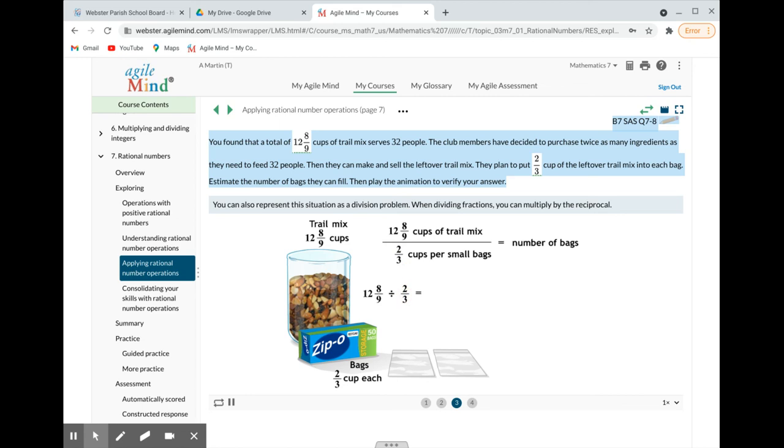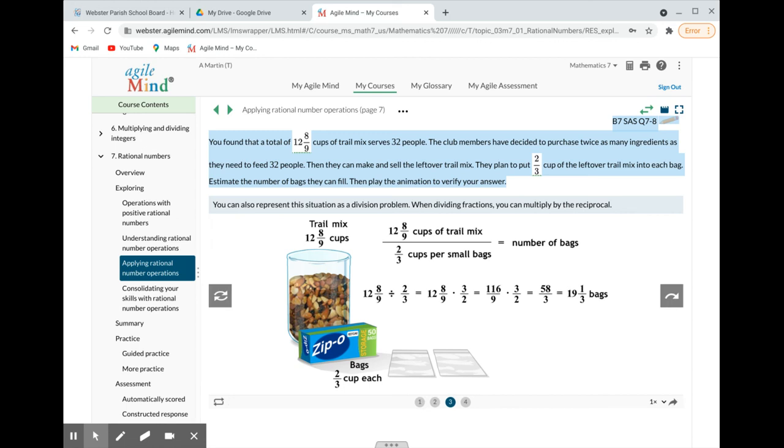Now, this is going to show us how we can do it as a division problem. And this is what we were talking about doing, which is taking 116 ninths times 3 halves. They simplified that. And when they did, they crossed out what they could simplify and they got 58 thirds.